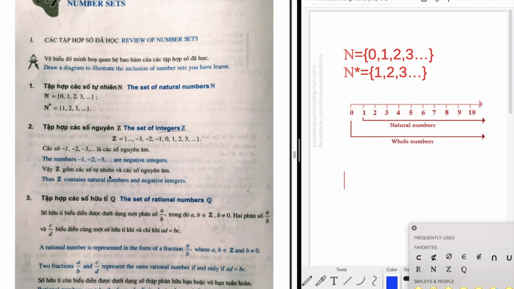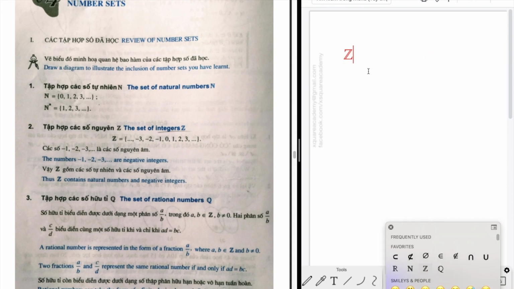The second number set is the set of integers. It is bigger than the set of natural numbers and includes numbers from negative infinity to positive infinity, and is denoted by Z, a capital letter with double middle lines.